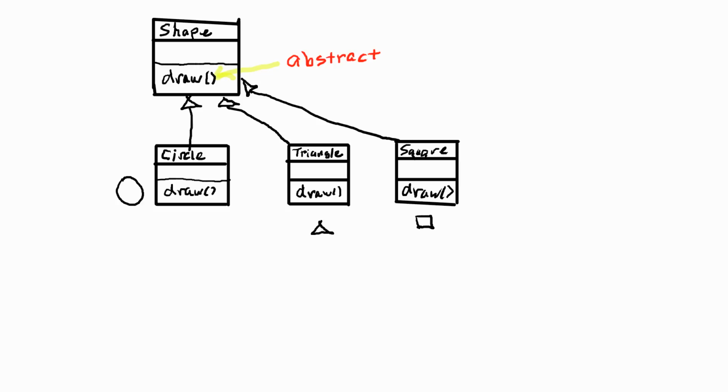No. So it doesn't make sense to actually have a shape, other than the fact that it's a really convenient class for all these other guys to inherit stuff from. Right. And that is what we call an abstract method in an abstract class.